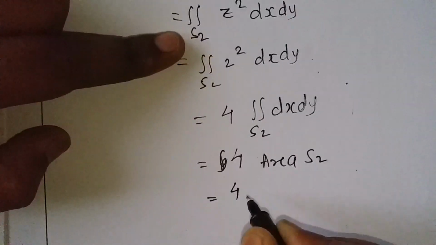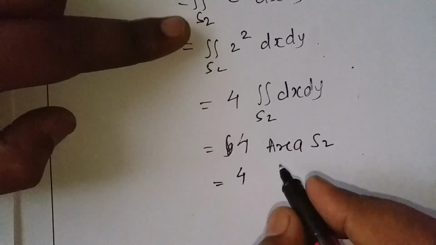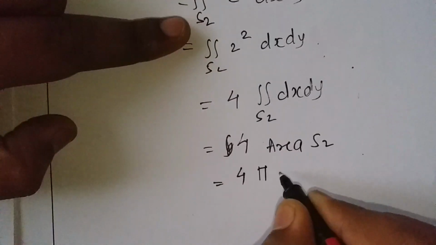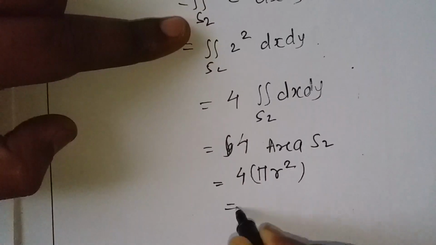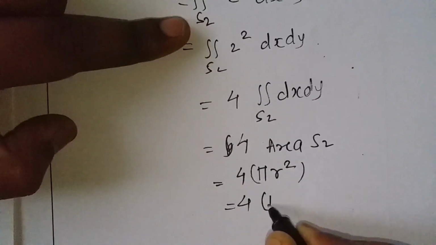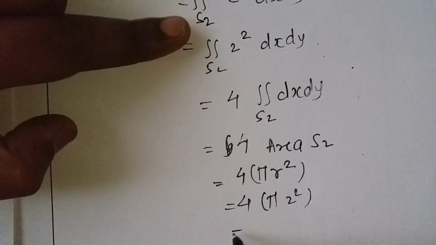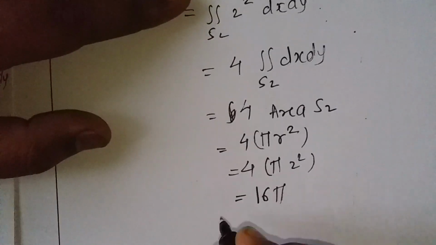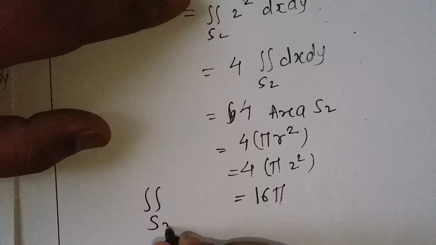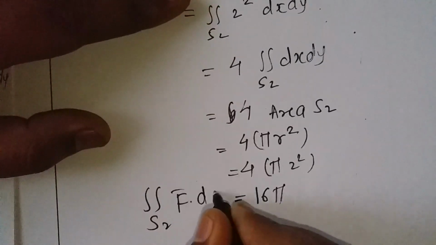But S2 is a circular disc of radius 2, so it will be pi r square with radius 2, which is pi times 2 square. 2 square is 4, 4 fours are 16 pi. This is the value of the double integral over S2.